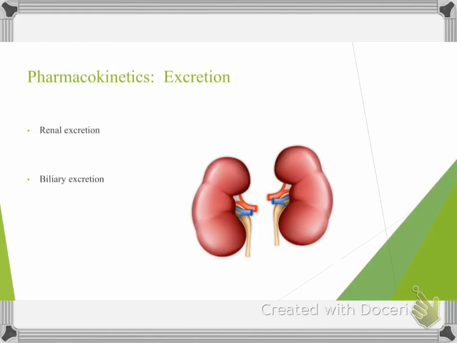At the renal tubules, it's decided whether the medication goes back into circulation or out into urine. Some are excreted via biliary excretion, which means it's excreted into the bile, which then goes into the stool.